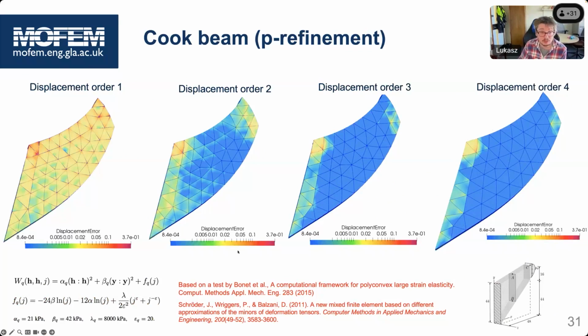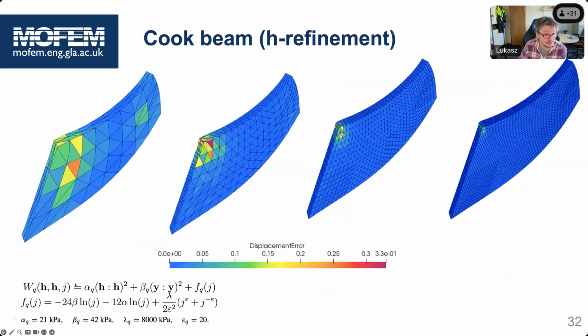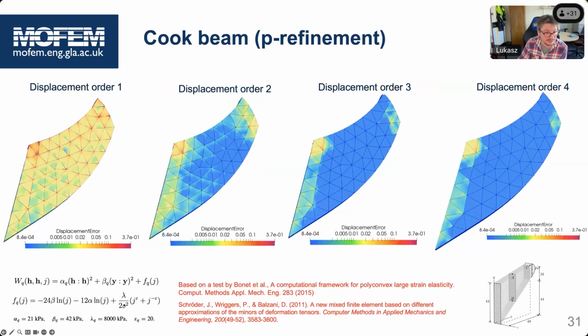We apply the method to this Mooney-Rivlin material, as you can see with these nasty terms, which are tricky to calculate for classical finite elements. Here you just run it without the need for reduced integration; you don't have to deploy any dirty tricks.